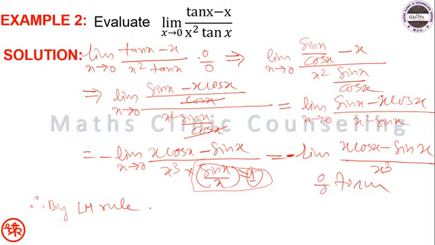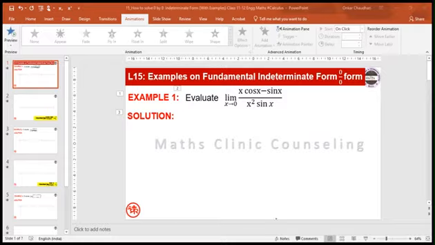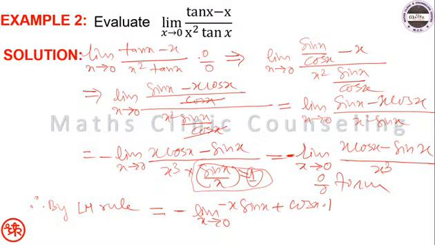So it is equal to minus limit x tends to 0 of the derivative of the numerator: x cos x gives minus x into sin x plus cos x into the derivative of x, which is 1, minus cos x, upon 3x square. You look, cos x minus cos x get cancelled.